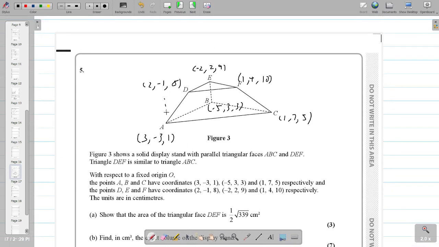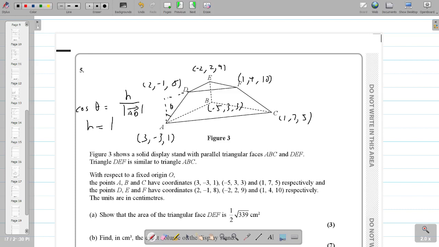So the height, so sine of theta, well, okay, not sine, cosine, is equal to height over magnitude of AB.